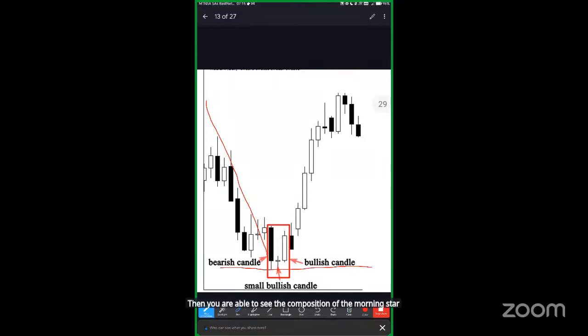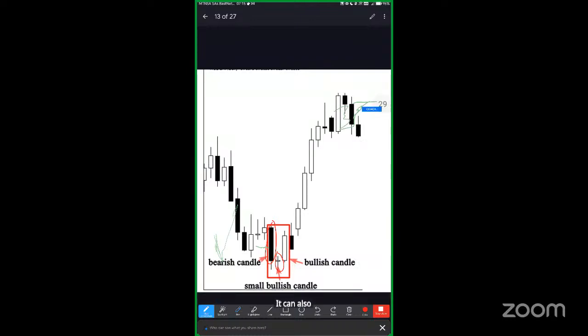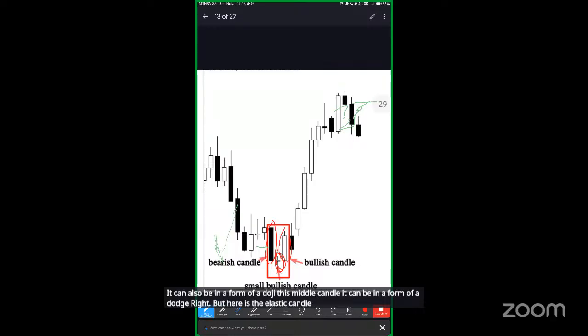Can you see this bearish candle? And then you see this small candle in the middle. I said it can be a bullish candle or a bearish candle. It can also be in the form of a doji. But here, the last candle happened to be a bullish candle.